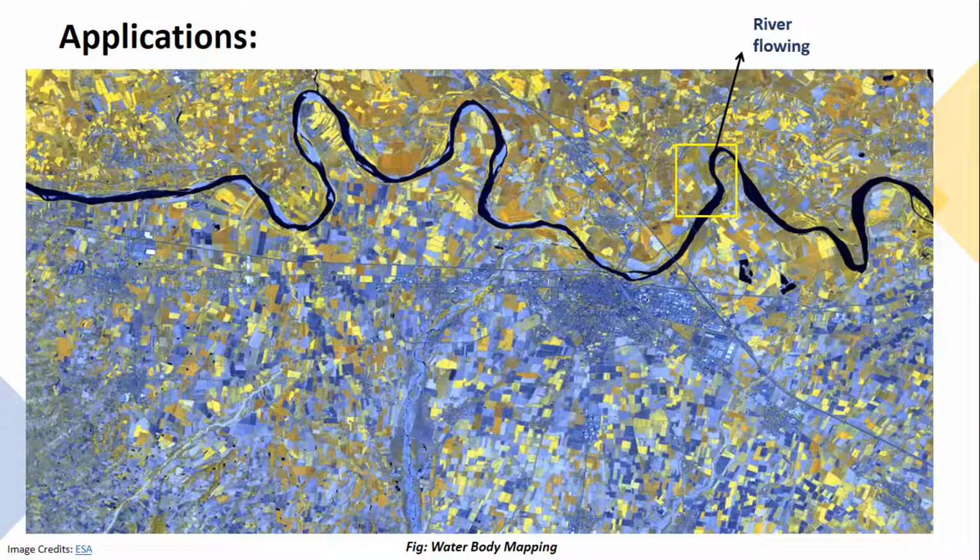When you have a region and the NIR band of that region, if a water body exists in the region, no NIR is reflected. No NIR reflected means no values.